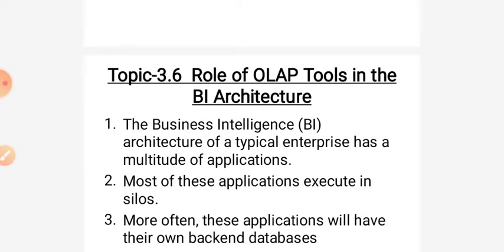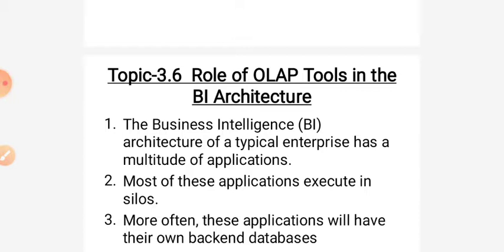We'll begin. Point number one, the business intelligence BI architecture of a typical enterprise has a multitude of applications. So students, there are a number of applications for the BI architecture for a particular enterprise.